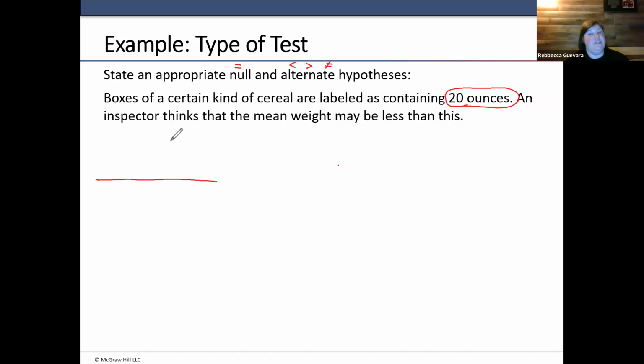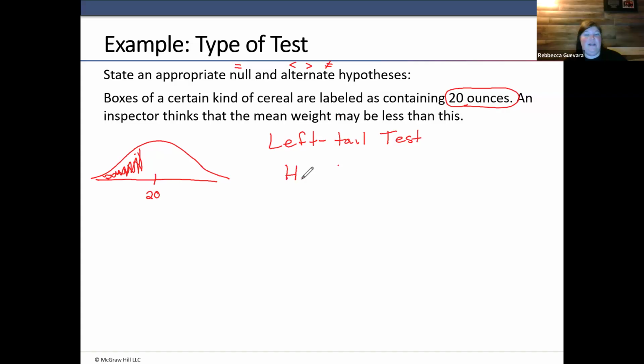An inspector thinks that the mean weight may be less than this. So we're looking at a distribution like this, and they claim that it should be 20 ounces, meaning that's where I'm averaging, but the inspector thinks the weight is less. So this is what the inspector thinks is happening, that we are going to be less than, we're going to be in that left tail. So this is going to be a left tail test.